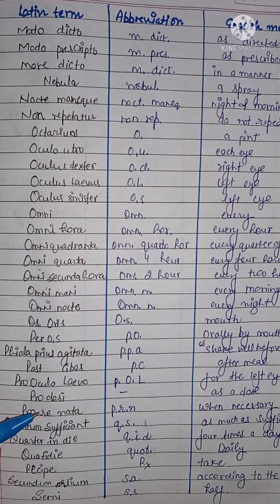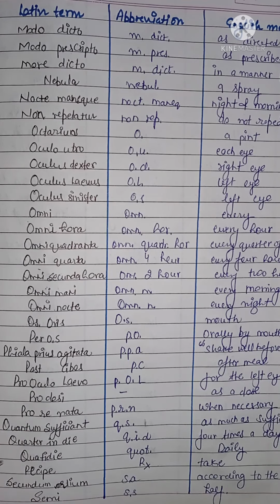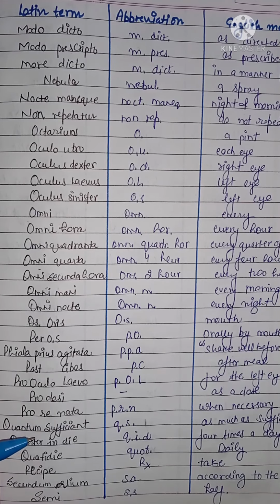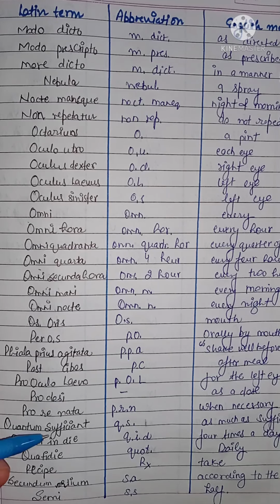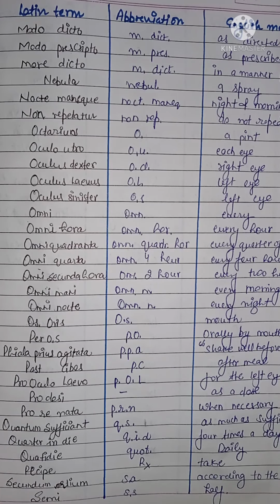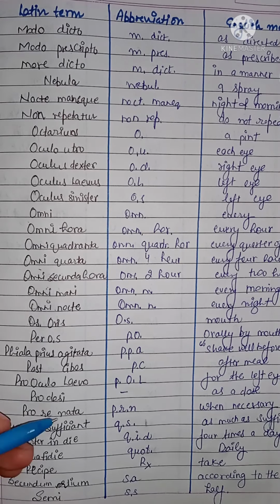Next we have pro dosi, as a dose. Next we have pro re nata, when necessary. There are some medicines which are prescribed when there is a necessity or a need, when any type of symptom is observed by the patient, then they have to take the medicines. That means pro re nata.